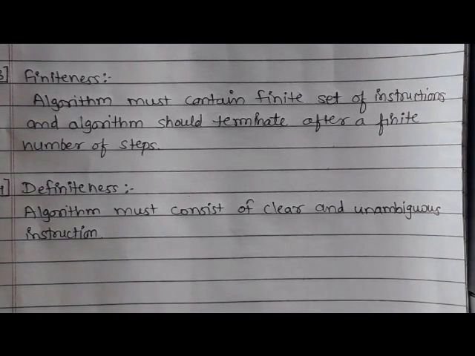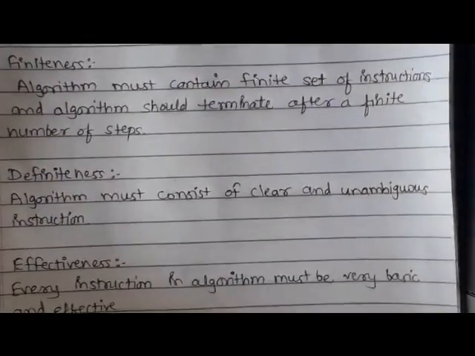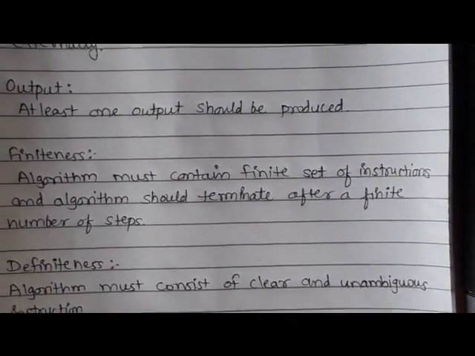The last characteristic is effectiveness. Every instruction in an algorithm must be very basic and effective. So these are the 5 different characteristics of an algorithm.